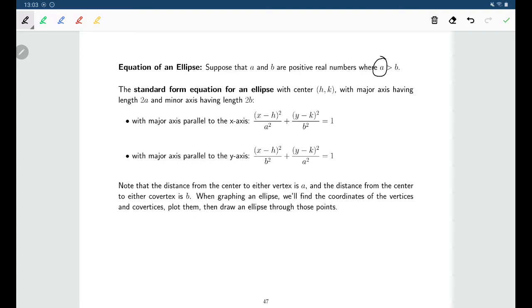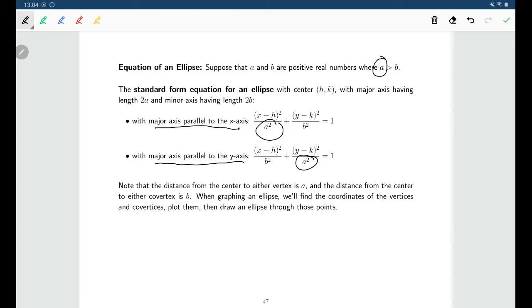If a squared is in the denominator below the term that has the x in it, then the major axis is parallel to the x-axis. And if it happens to be in the denominator for the term that has the y, then it must be parallel to the y-axis.